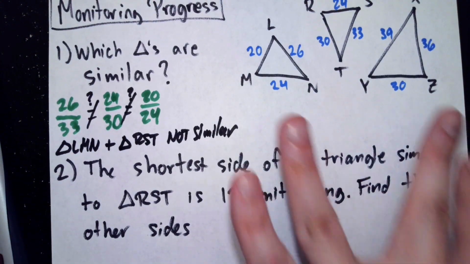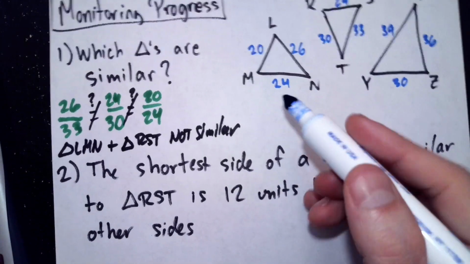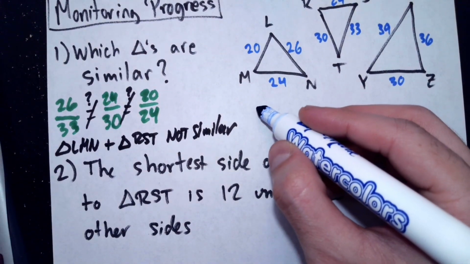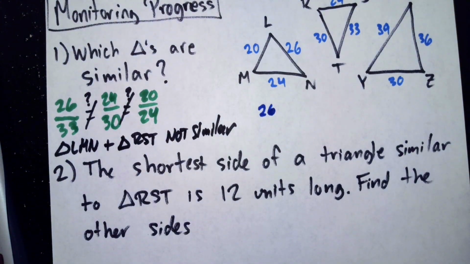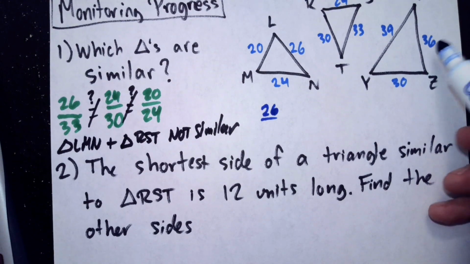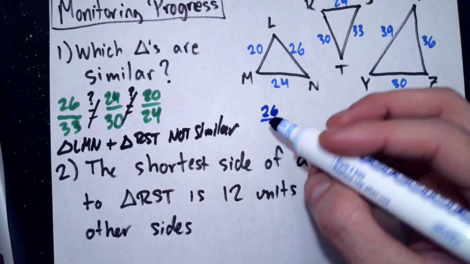So now let's try these two and see what that gives us. We're going to go again with the biggest side of each triangle. Over here, I'm going to start with 26 and divide that by 39, because that's the longest side over here. So 26 over 39.